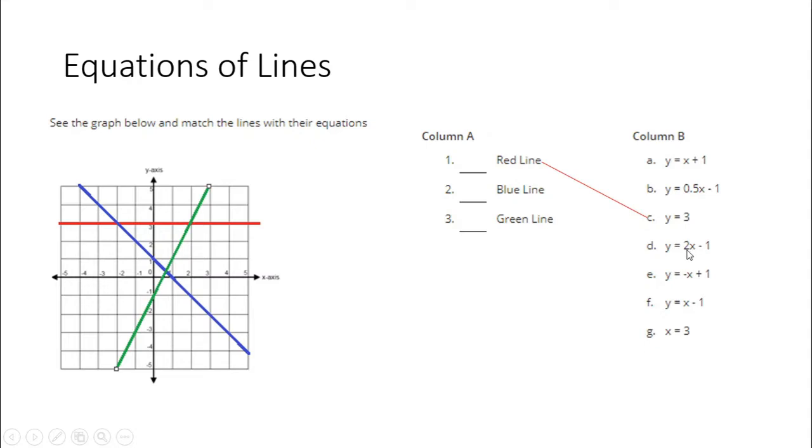That's got a positive gradient. This one's got a negative gradient. Is it the only one? Yes. This one's got a positive gradient, and this one is just x equals 3. That would be a vertical line, so like this, x is 3, vertical line. So the one we're looking for, the blue line, is the only negative gradient one I see. It's this one.